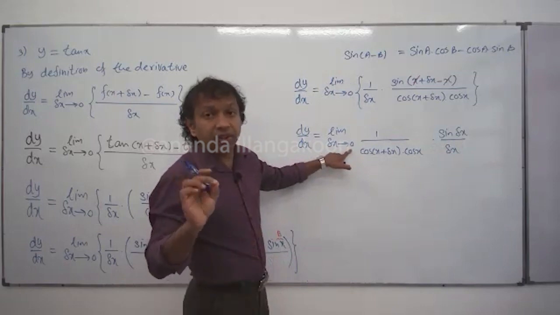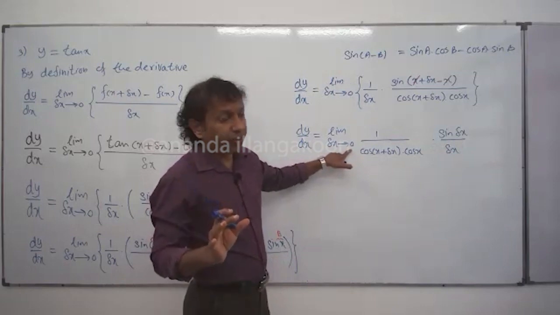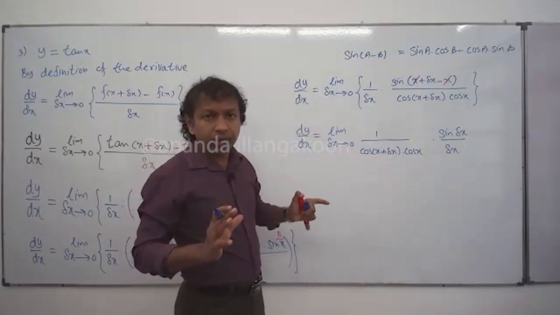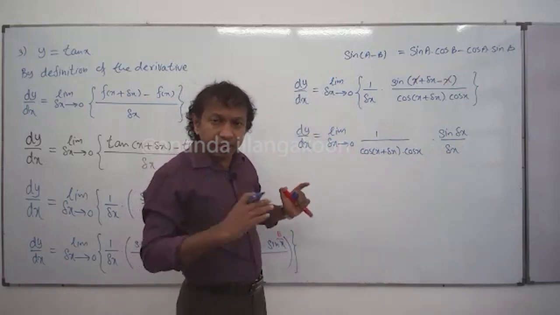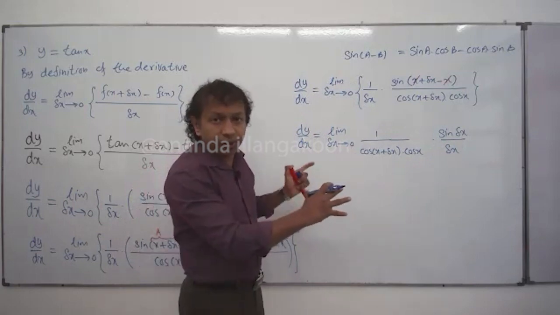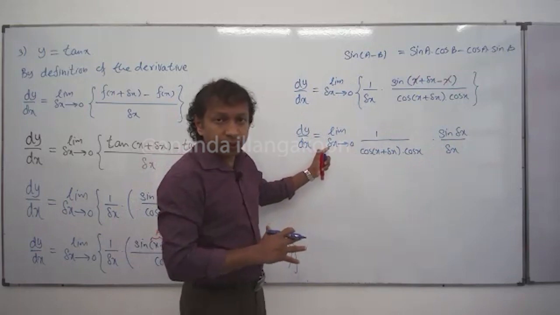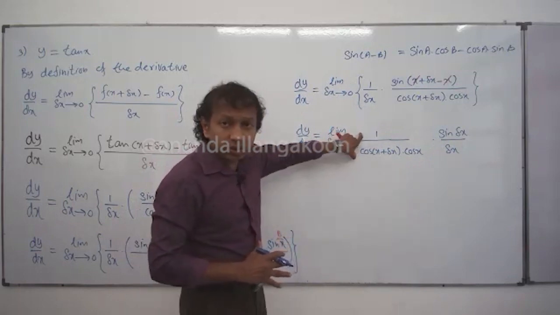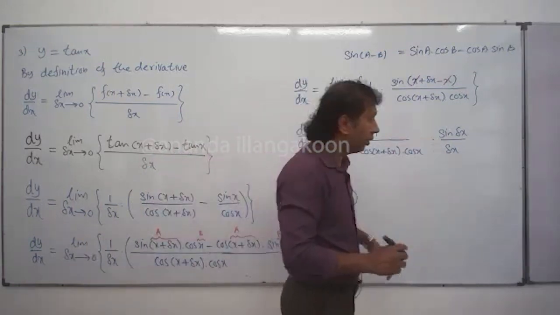People, in the limit lesson, we discussed when we have a product like this and need to take the limit of that product, that can be done by taking the limit of the expressions individually. So in this case, the limit delta x going to 0 we have to apply on this term as well as on this term, right?